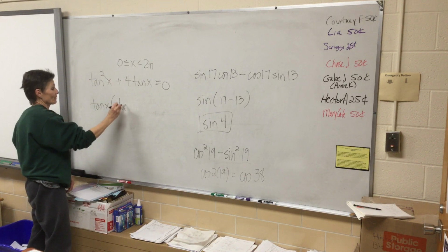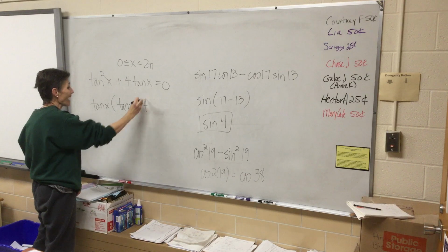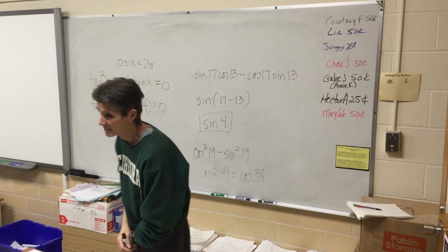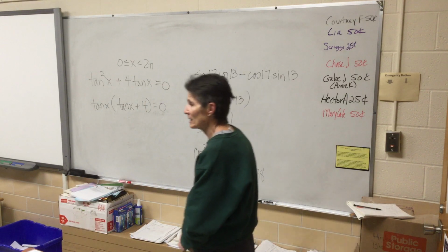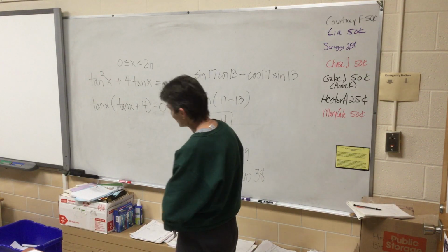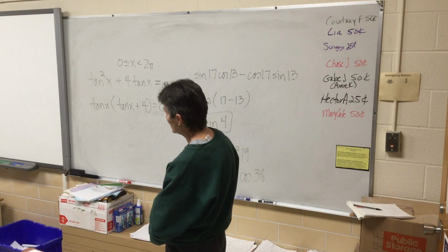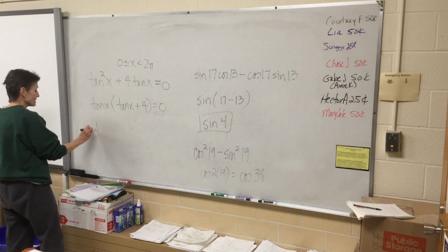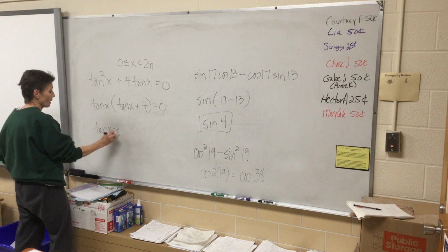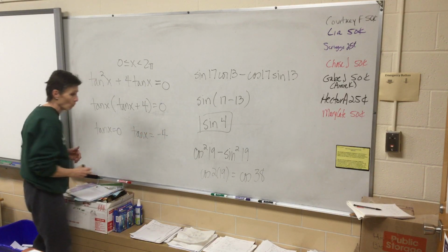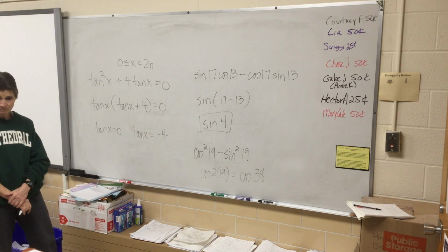Tan x plus 4. Yes, we're going to factor it out. So we're going to accomplish the same thing as the dividing. We're just not going to break any laws. We're going to factor it out instead of dividing it out. So we're going to keep it in the problem, but we're just going to separate it over here. So then we can say that tangent equals 0 or tangent equals -4. Would you agree with that?